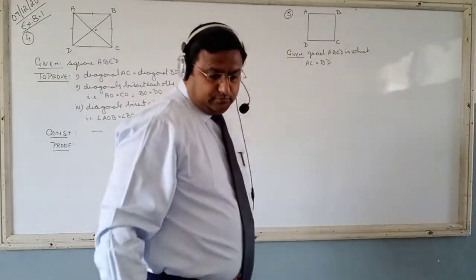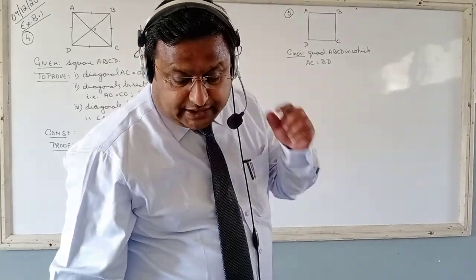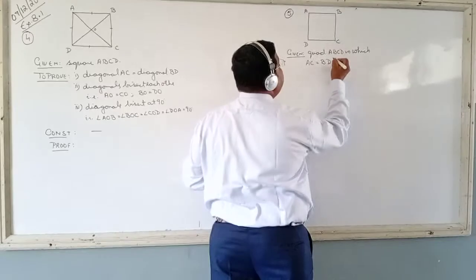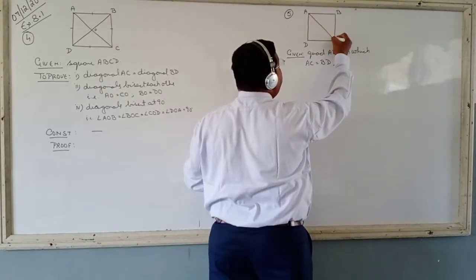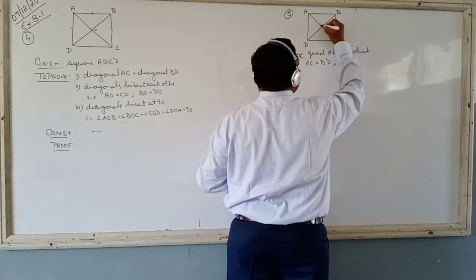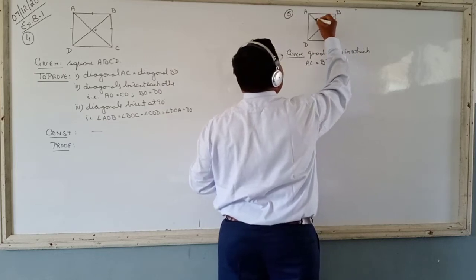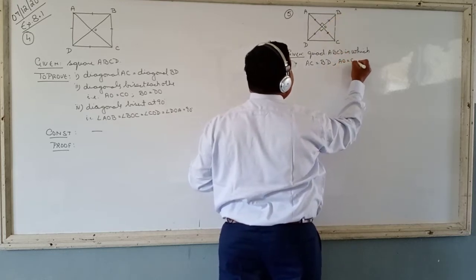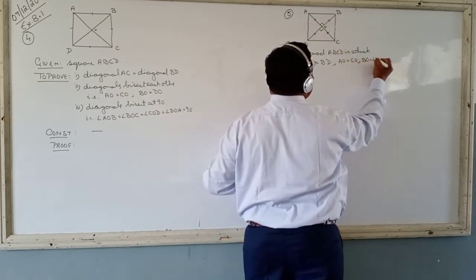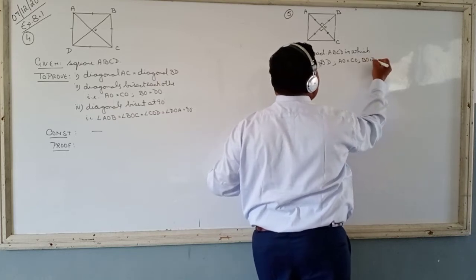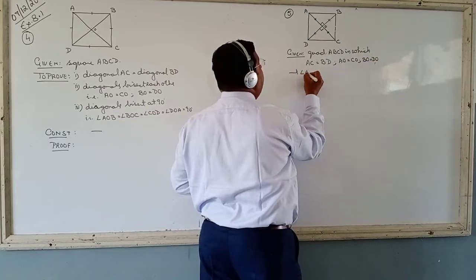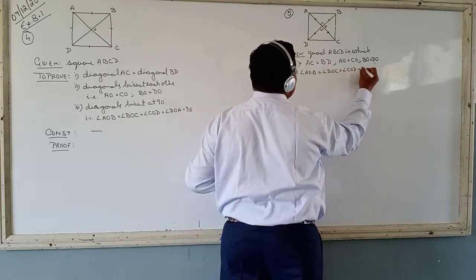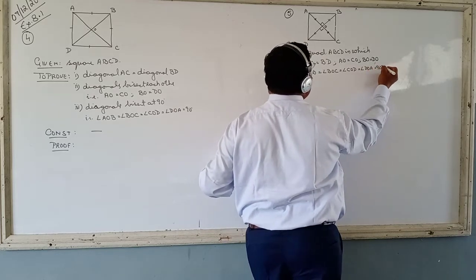Number one, if the diagonals of the quadrilateral are equal and bisect each other at 90 degrees, and they bisect each other, that means AO equals CO, BO equals DO, and angle AOB equals angle BOC equals angle COD equals angle DOA equals 90.